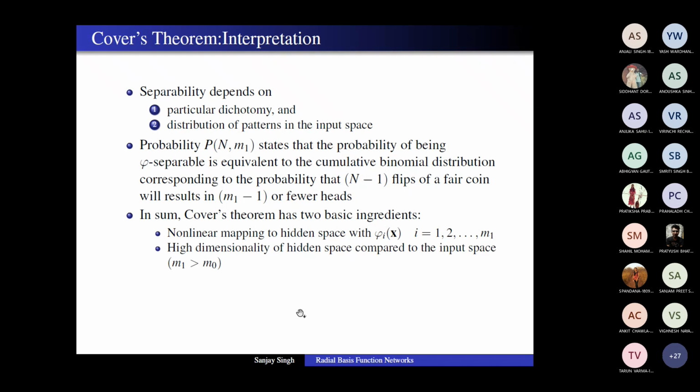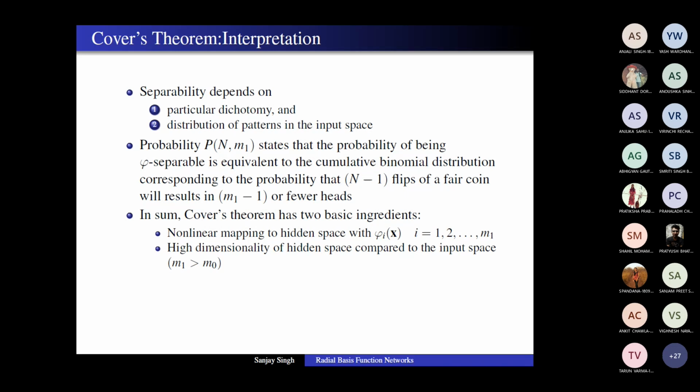Second, the dimensionality of the hidden space must be high compared to the input space. If you map to the same dimensionality, say 5 to 5, then there is no benefit. It may just stretch a little here and there, but you won't be able to make it linearly separable. So the hidden space should be at least one dimension higher.